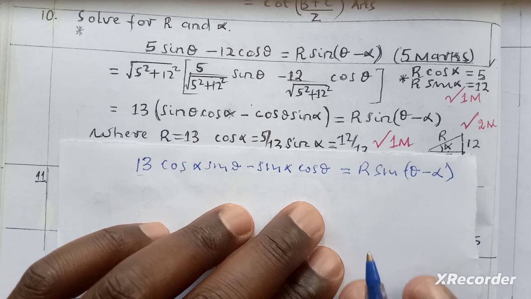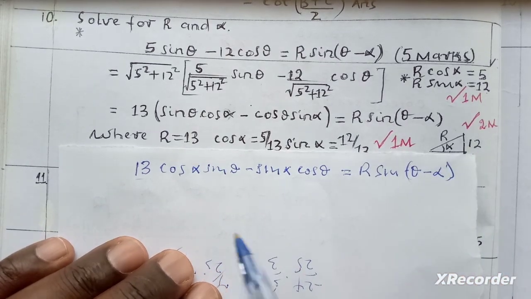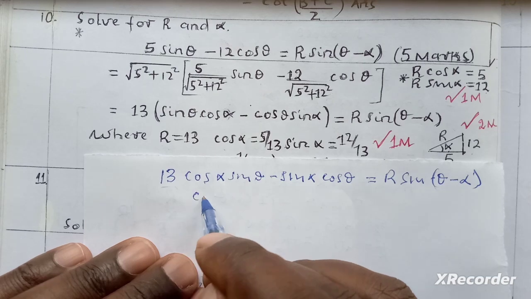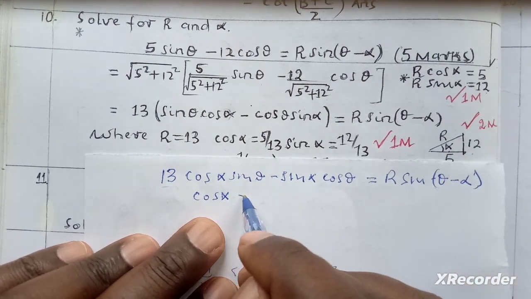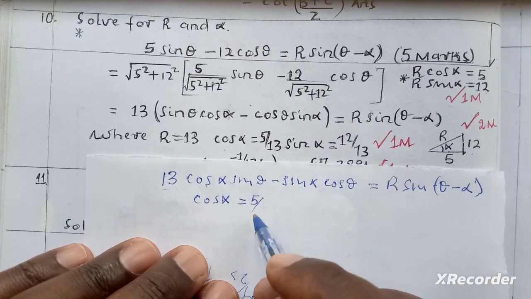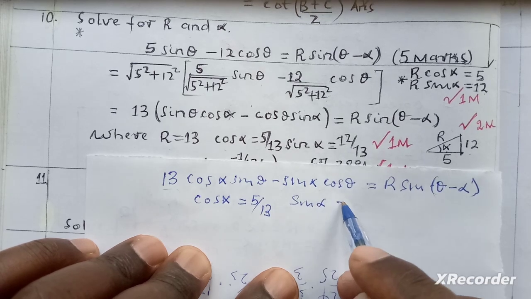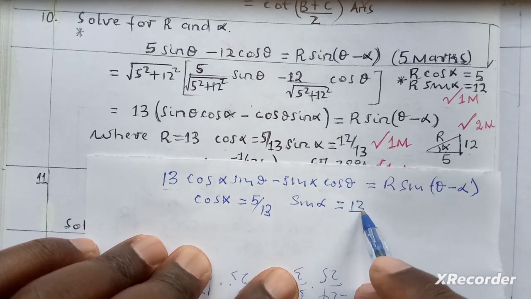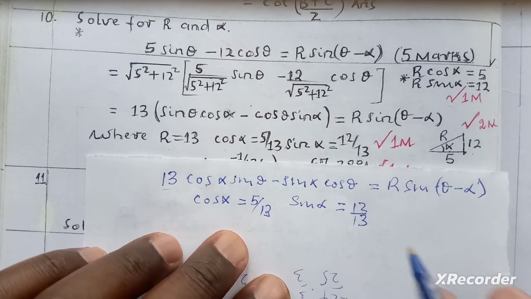With this triangle, we know that cos alpha is equal to adjacent over hypotenuse, 5 over 13, while sine alpha is opposite over hypotenuse, 12 over 13.